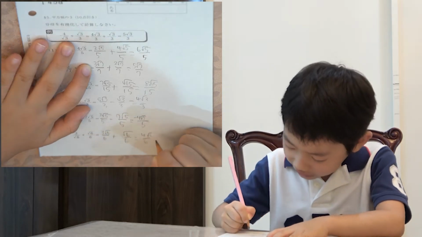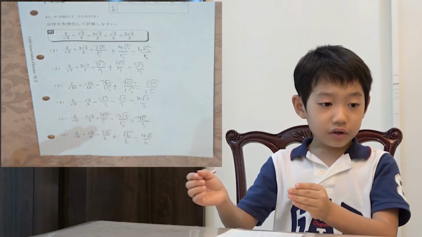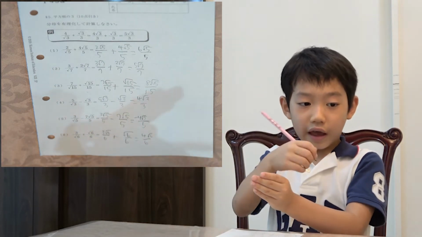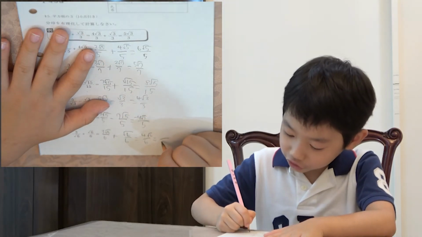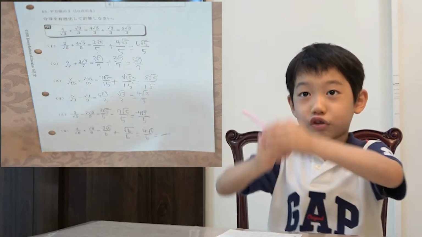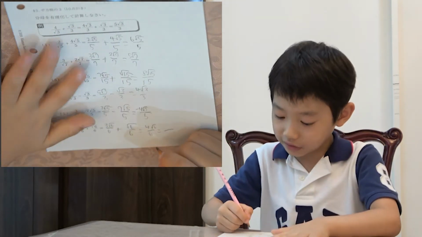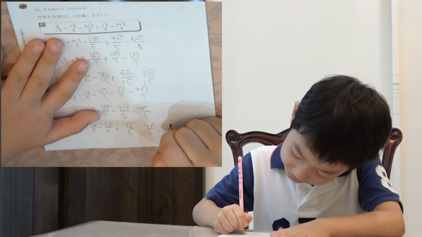But if you think it's like this, you can just cancel out the common factors. So the 6 is actually 2 and 3, and the 4 is 2 and 2. You just cancel out the 2, and there will just be 3 and 2 left. So it's still the same.